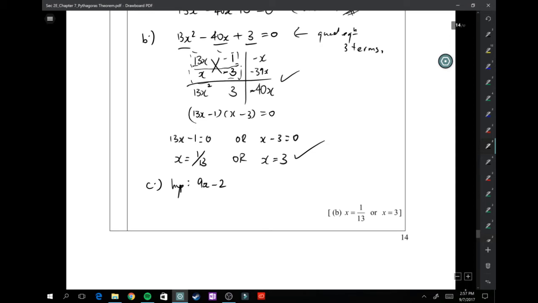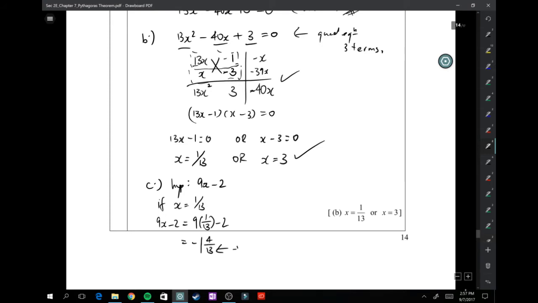Why did I choose the hypotenuse? Because there's a minus sign, and we want to see if it's valid if we substitute in whatever value of x. So if x equals 1 over 13, then 9x minus 2 equals 9 times 1 over 13 minus 2, which is 9 over 13 minus 2. And you actually get a negative number, negative 1 4 over 13.